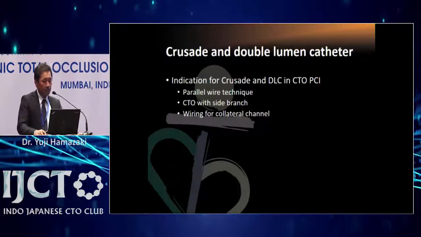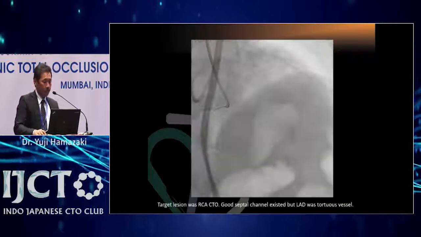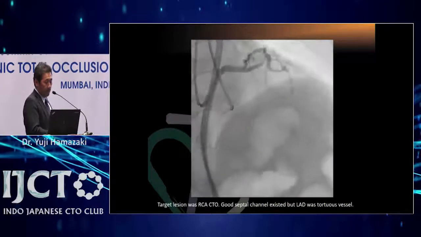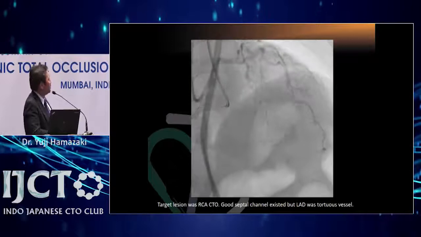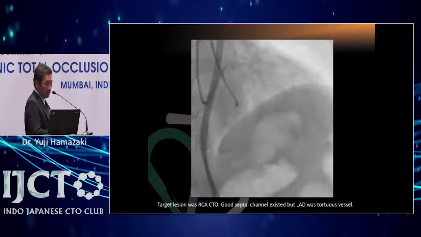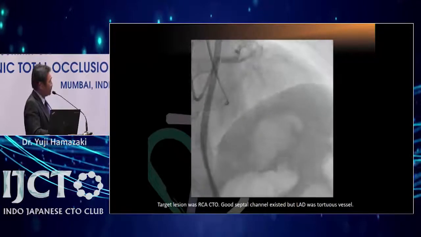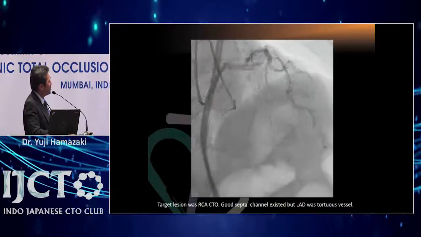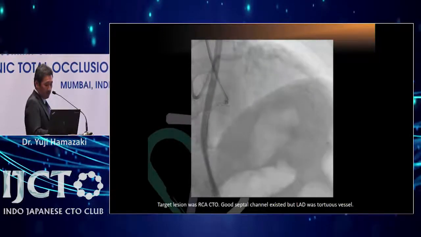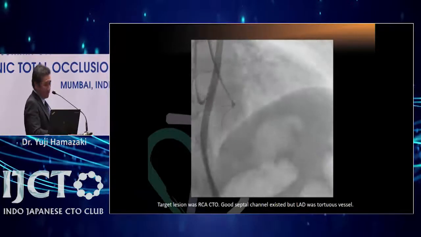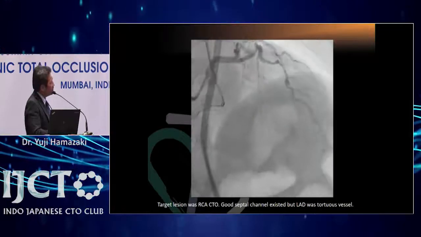And the next indication is wiring for collateral channels. The target region of this patient is RCA-CTO, and the collateral channel exists. But as you can see, the LAD was a tortuous vessel.